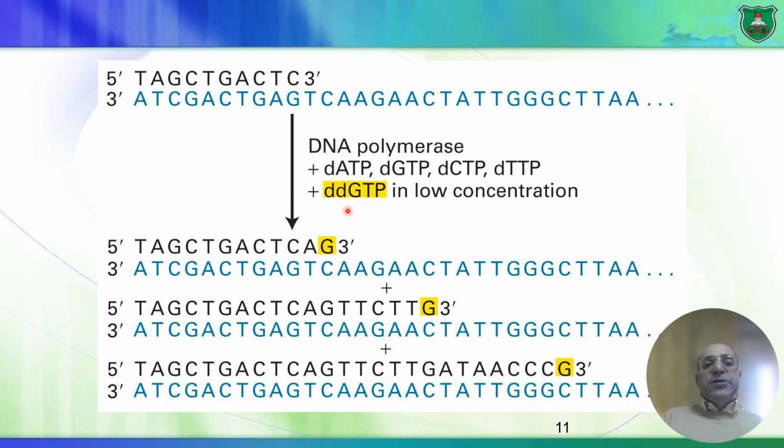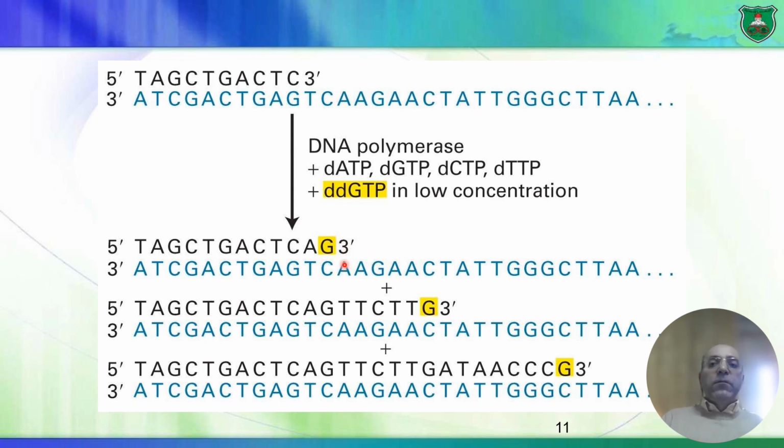Because the concentration of dideoxy G is low. So most probably, it's going to add a normal G, deoxy G. And when it adds a normal G, synthesis is going to continue. But for some DNA molecules, it's going to add a dideoxy G. And as a result, synthesis stops for this fragment right here.